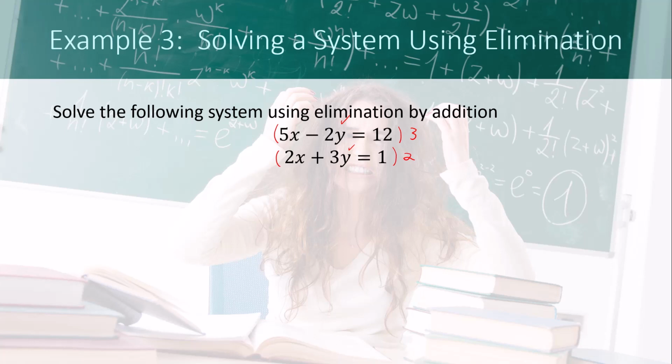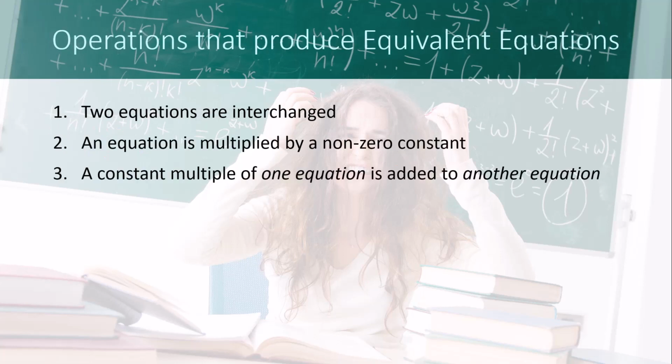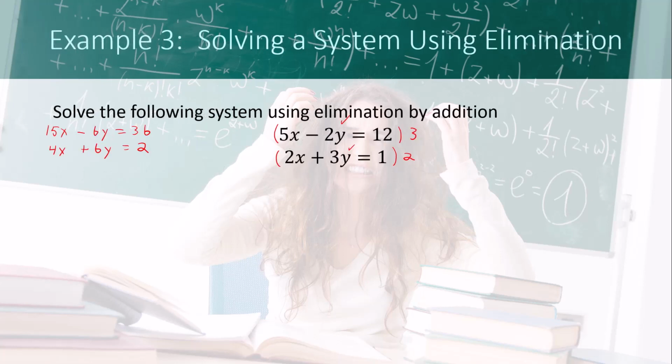I'm going to multiply this entire equation by 3, and if I do, I will have 15x, 3 times 5, minus 6y is equal to 36. My next equation is going to be 4x plus 6y is equal to 2. Now, according to my instructions here, I can add those two equations together, which is why I wrote them the way I did.